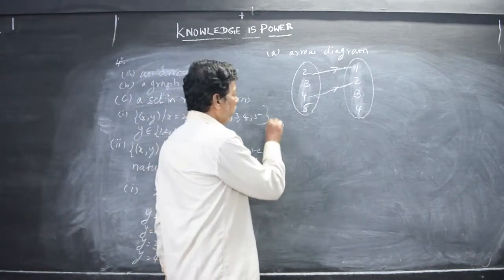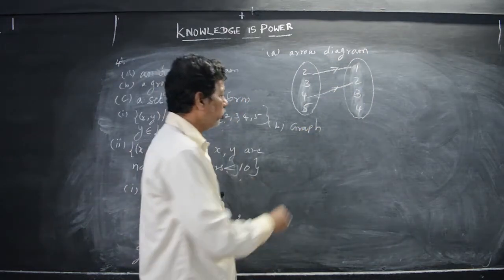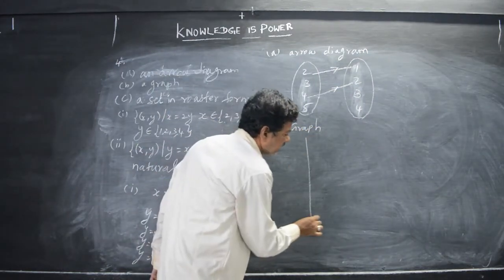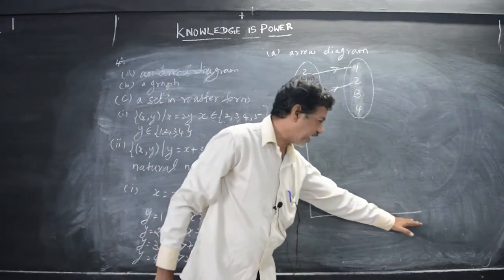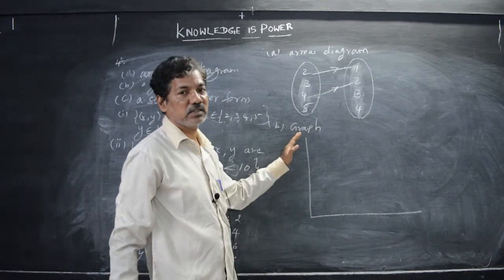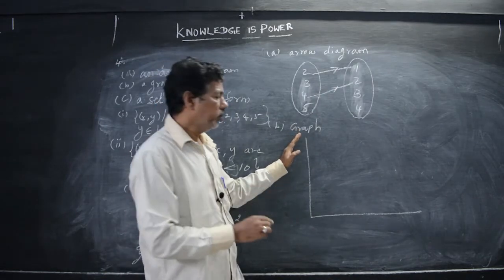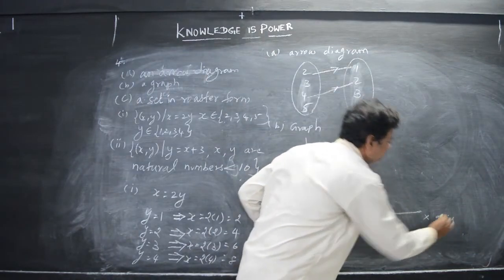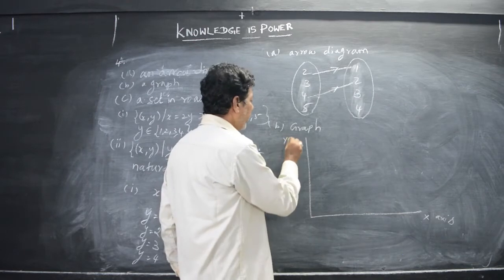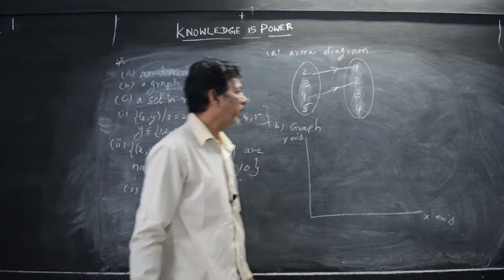B. Graph. As usual, we have to put the x axis and y axis. You know that in the previous class I told you this is the x axis and this is the y axis. No need to draw on a graph sheet. As usual, you can name the x axis and y axis.